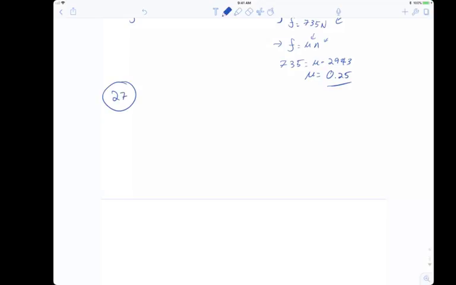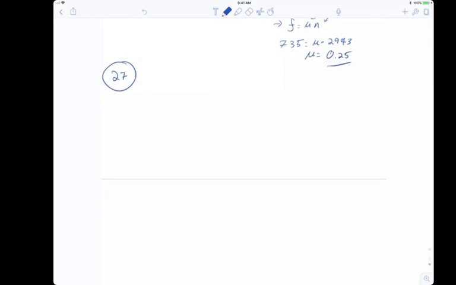27. All right, 27 goes like this. A 1,000-kilogram car traveling at a speed of 40 meters per second skids to a halt on a wet concrete surface where mu kinetic is 0.6. How long are the skid marks? Okay, so you got a car.